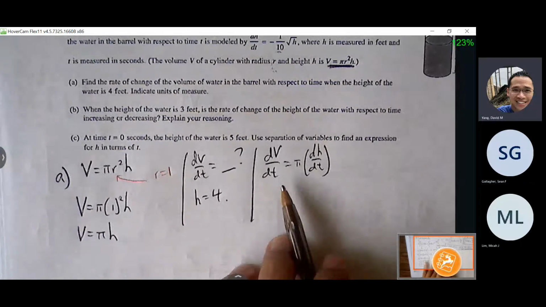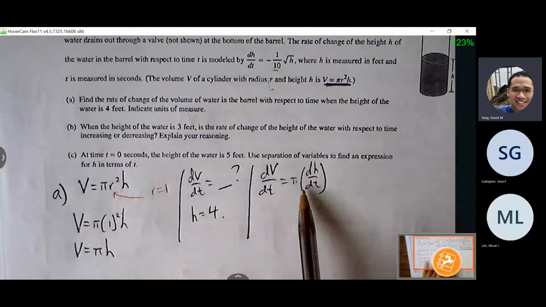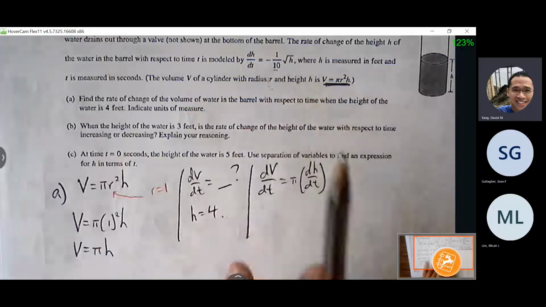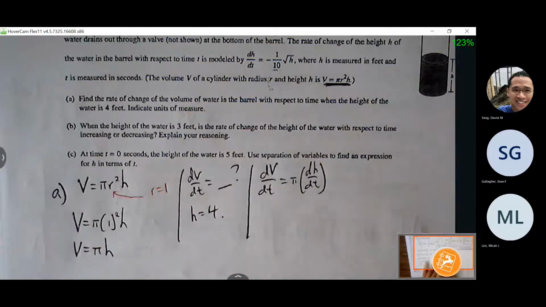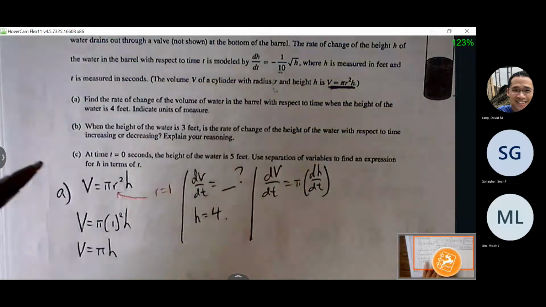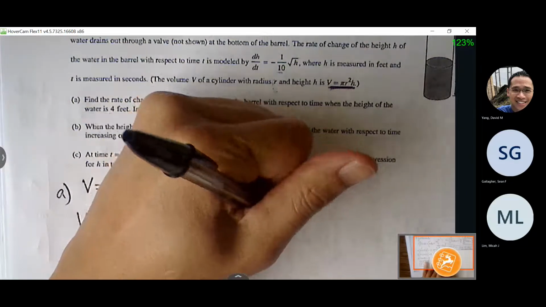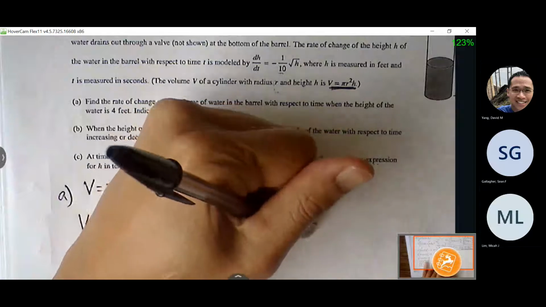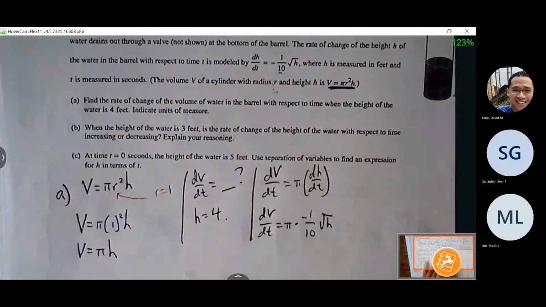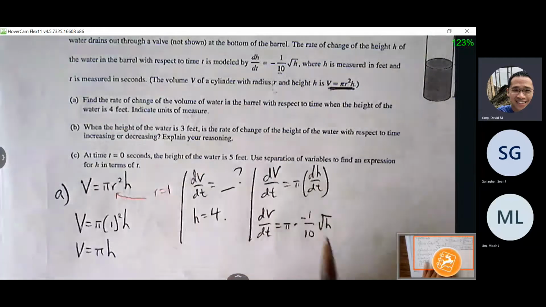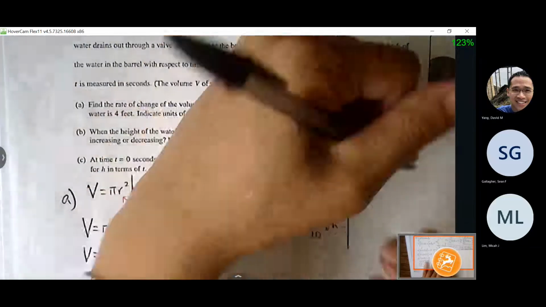Okay, we start inserting information in. We're looking for dV/dt. We're looking for dh/dt. So dh/dt, we can insert from the top of the problem here. It says when the height of the water is 4 feet, so we can insert that 4 in for h and solve for dV/dt.